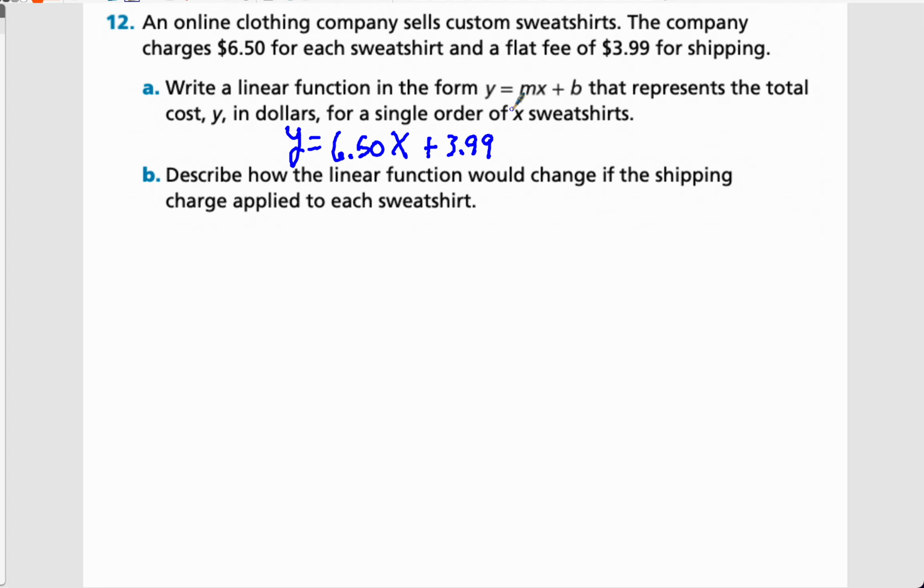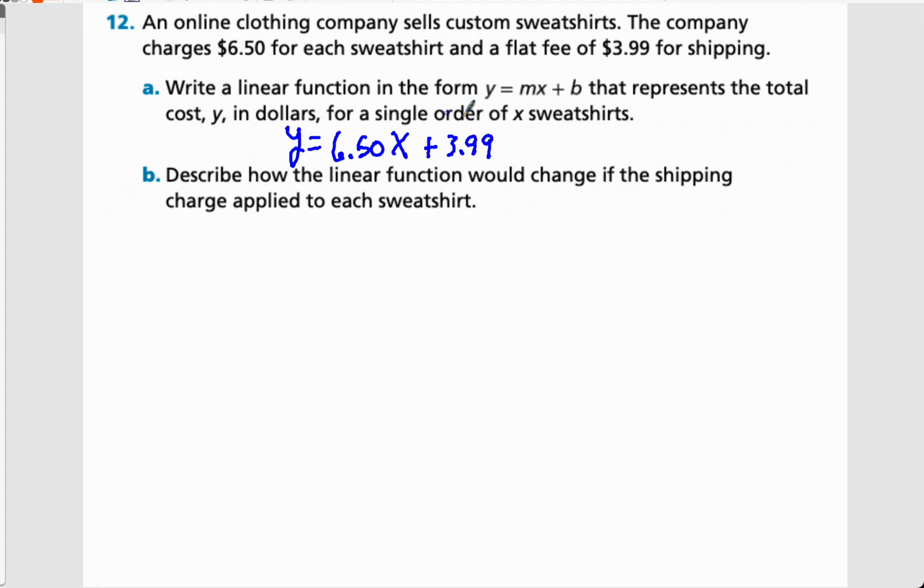Part B, describe how the linear function would change if the shipping charge applied to each sweatshirt. Well, instead of doing $6.50 times the number of sweatshirts first and then adding $3.99, we would need to add $3.99 to the cost of the sweatshirt. So it'd just be $6.50 plus $3.99, then multiply all of that times x.